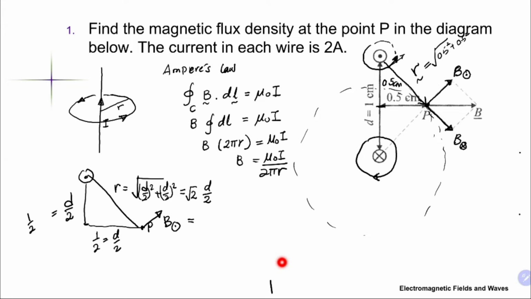So the magnetic flux density B will be equal to mu naught I over 2 pi R, where R is root 2 d over 2.